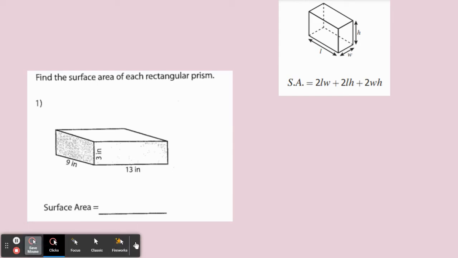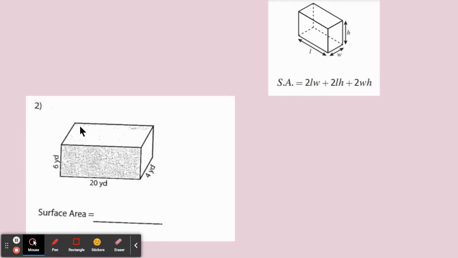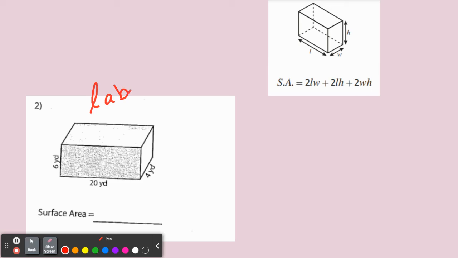Okay, let's try another. Number 2. So the first thing, again, that you want to do is label. So our length is 20, our width is 4, and our height is 6.